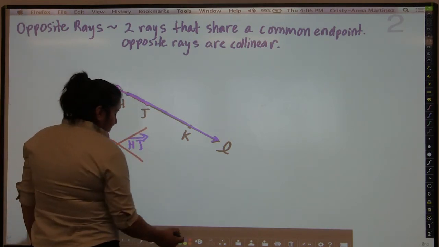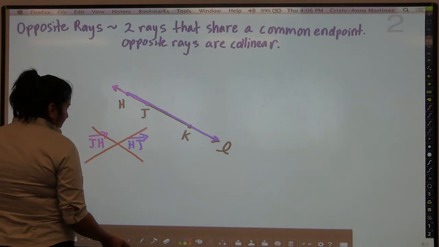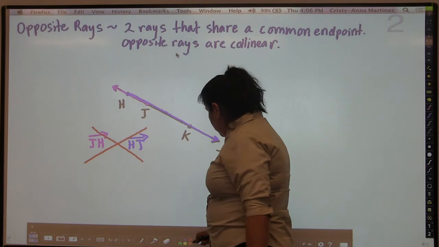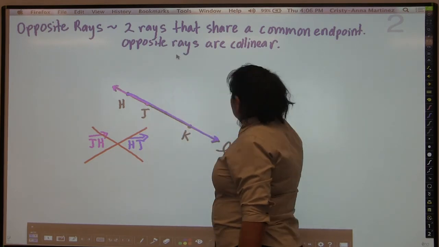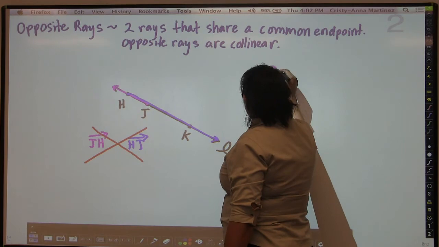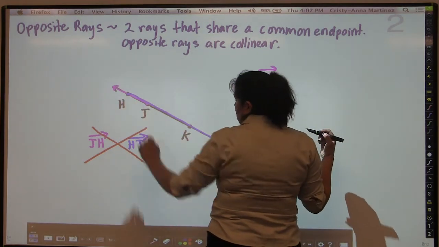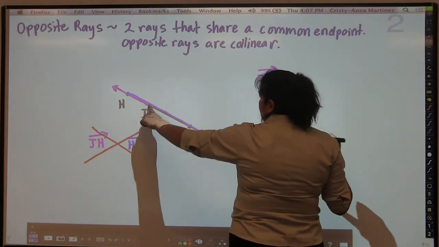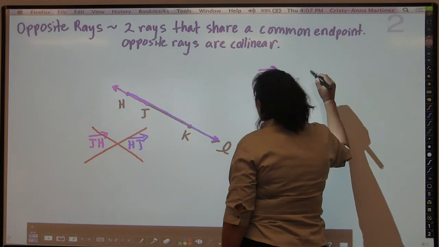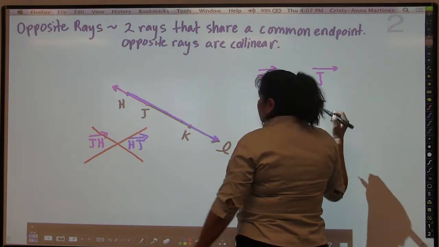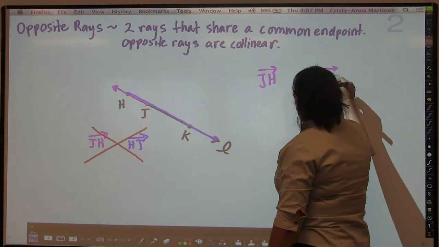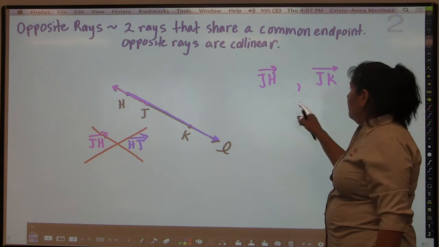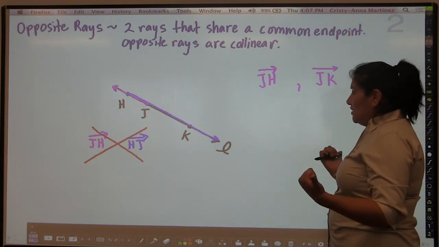But then what is an opposite ray? For an opposite ray, you would have the same endpoint. If we go back to ray JH, which by the way is the only name that we can call it because it only goes through H over here, the opposite ray would also start with J, but this time it'd be going in the opposite direction, through K. So JH and JK are opposite rays because they have a common endpoint, which is J, they're going in opposite directions, and they're collinear.